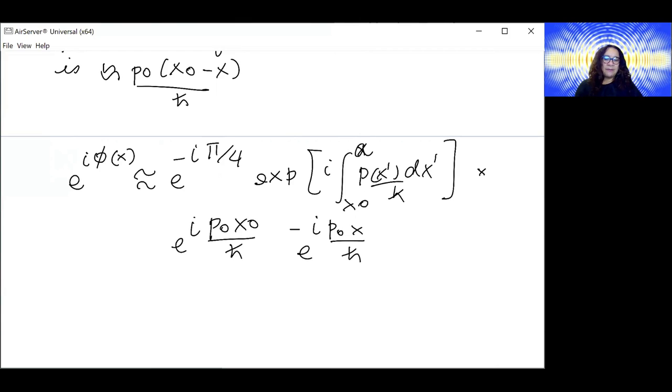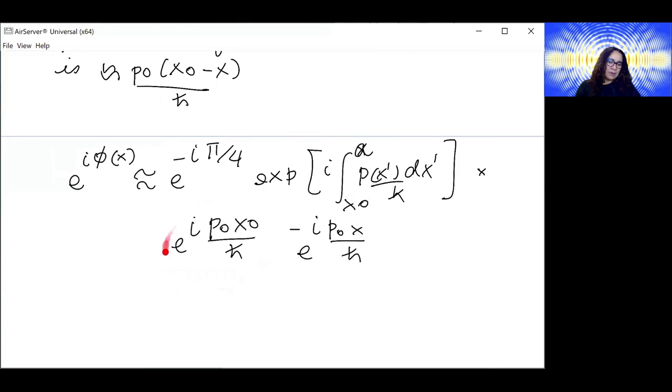Now, what you can see is the following: this integral, whatever it is, is a constant, because you have these limits here quite well defined. One is a constant x naught, and here you have a, which is the turning point.